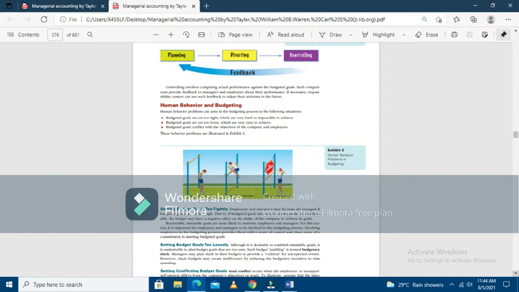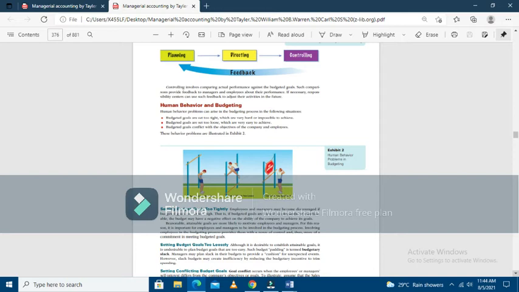However, meron palang company rules na nagsasabi na any performance or any expenditure below 100,000 will be sanctioned by the company because of inefficiency. So paano ka gagalaw doon?